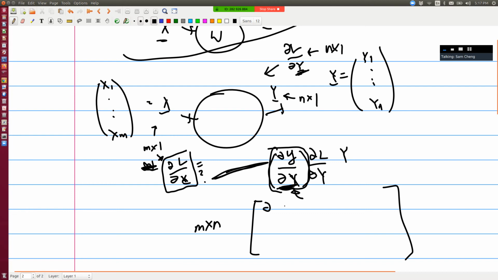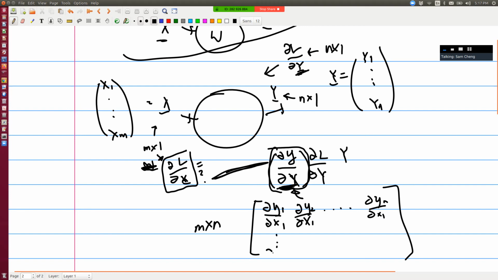It would be partial y with respect to x1, partial y with respect to x2. Yes, more or less. So I should have something like partial y1 over partial x1, then partial y2 over partial x1, and so on up to partial yn over partial x1.